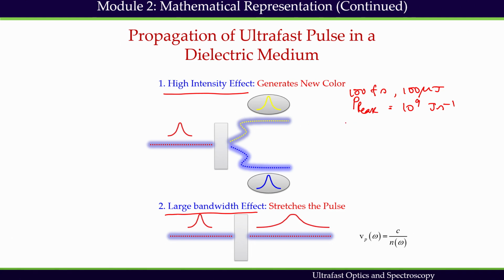And if it is focused to, let us say, 200 micron diameter spot size, then what I get is peak intensity at the point where it is focused. That peak intensity is going to be almost 10 to the power 13 watt per centimeter square.